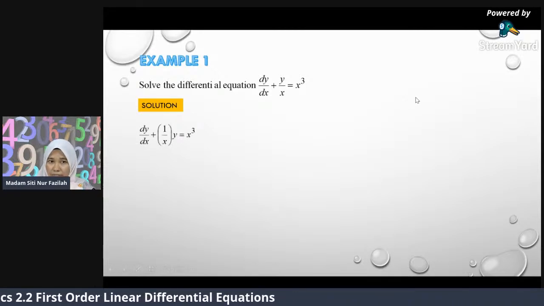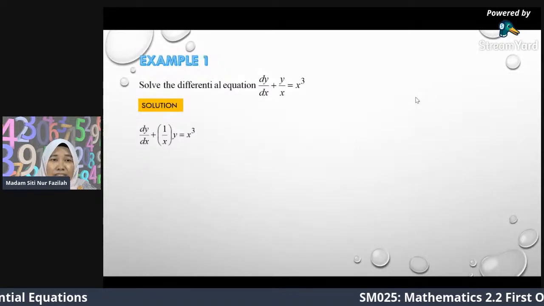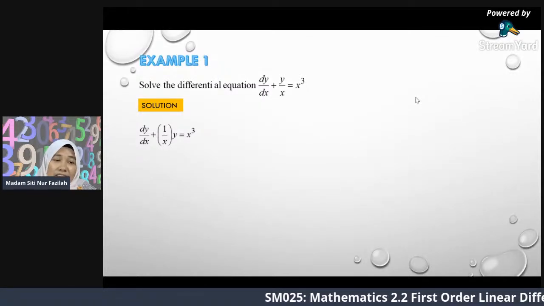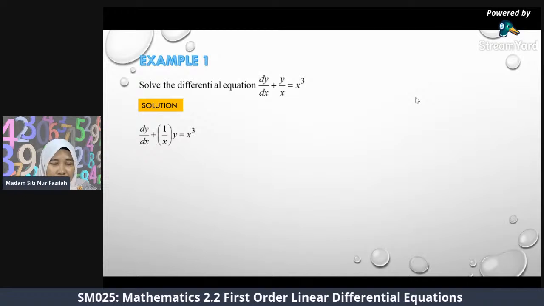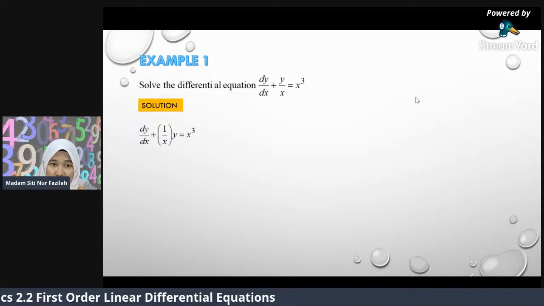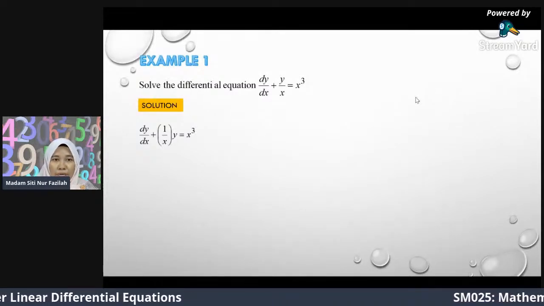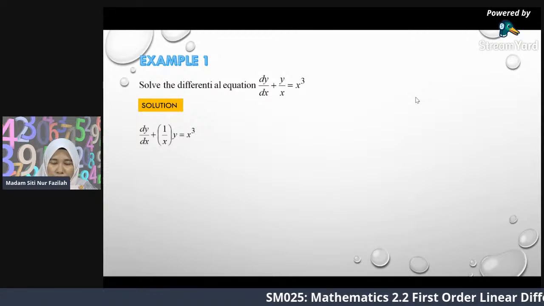First step, we need to rewrite or rearrange into standard form for a first order linear differential equation. The standard form here is dy over dx plus 1 over x y equal to x to the power of 3.